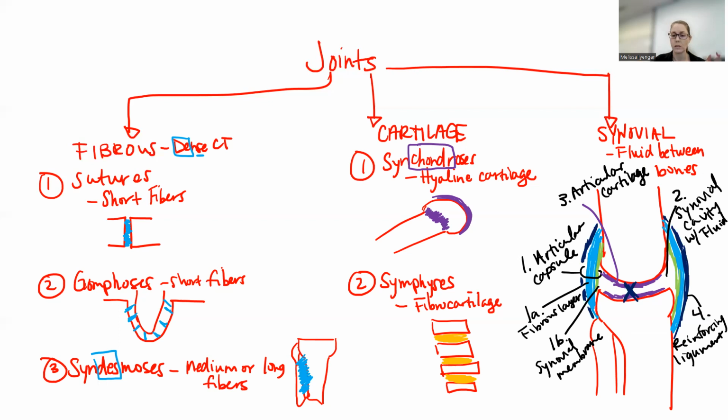Sometimes they're referred to as the tibial and the fibular collateral ligaments. But they're extra ligaments that go around the articular capsule to reinforce the bone so that it stabilizes it and makes sure that it doesn't do hyper movement. So hyperextension, hyperflexion, or hyperrotation.